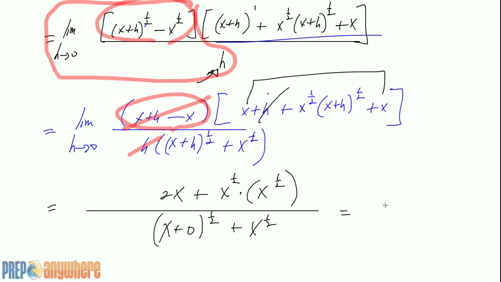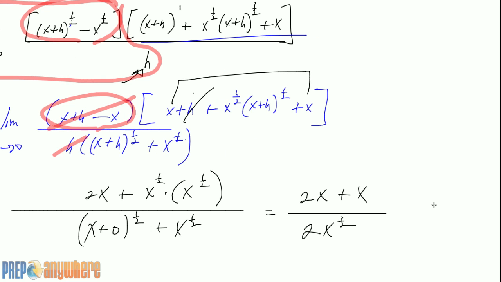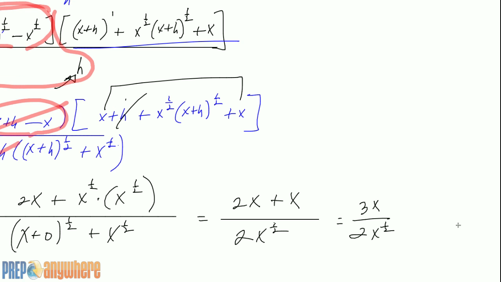Let's clean this up. You get 3x over 2x to the power of half. So we have 1 minus half now. So it's going to be 3 over 2, x to the power of 1 minus half, which is half. Okay, so that's the derivative function.